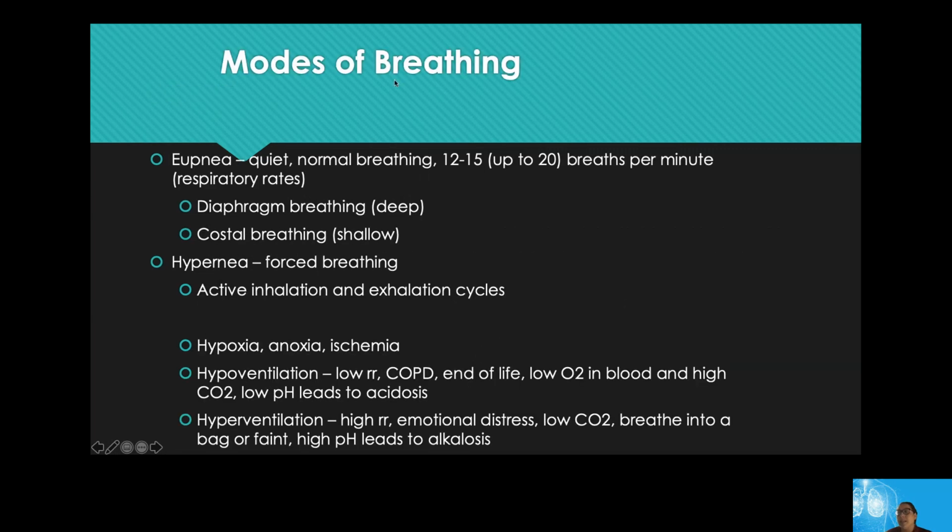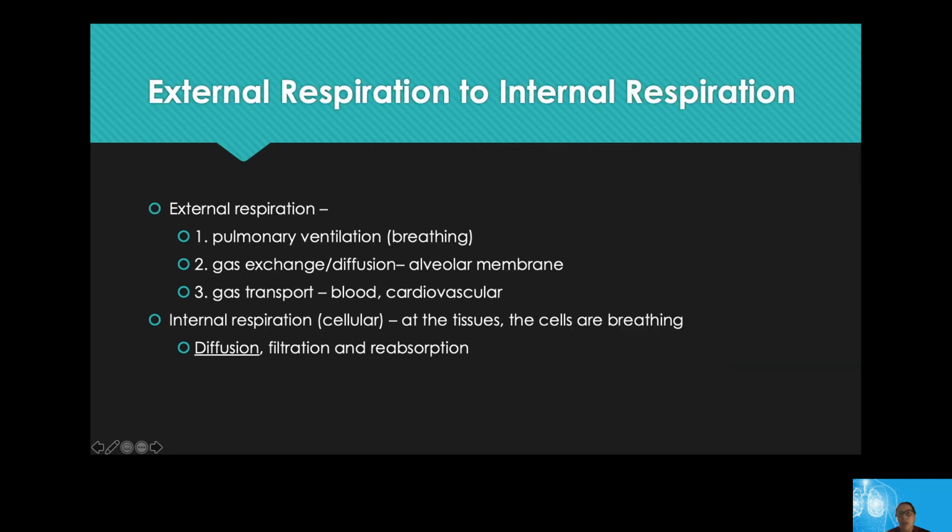All right, guys, the breathing side of things has been completely broken down for you into the different components, but we know that when it comes to breathing, we are looking at external versus internal respiration. External respiration includes the process of pulmonary ventilation, the movement of air, the gas exchange that's happening, or sometimes called gas diffusion, that's happening in the alveoli.